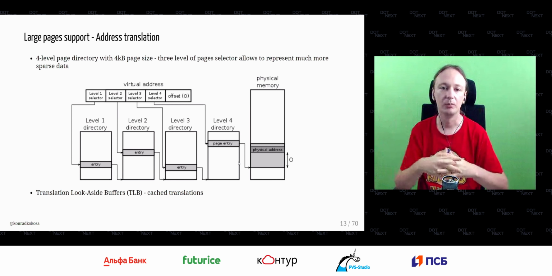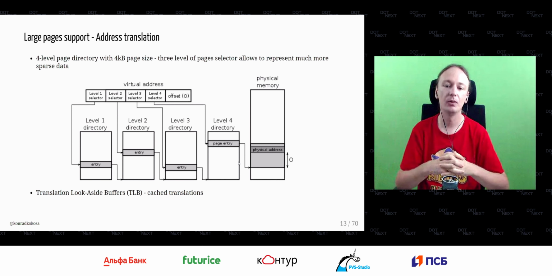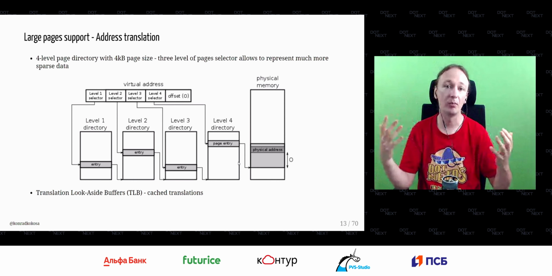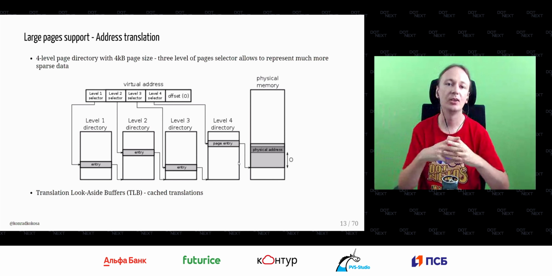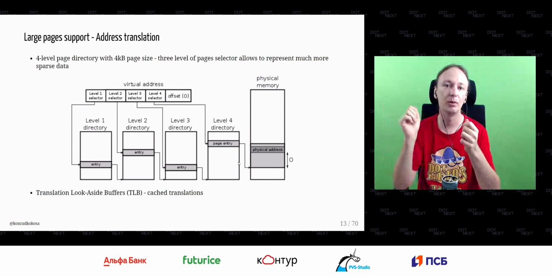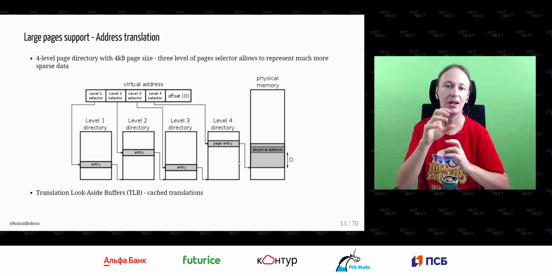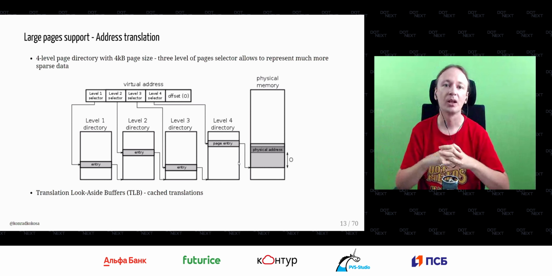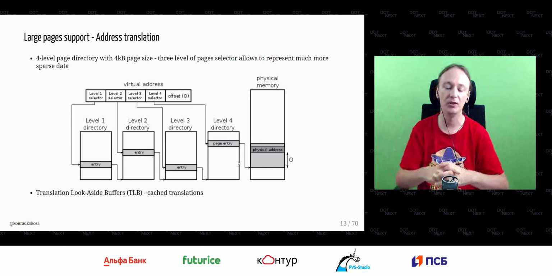But in the situation that you have used terabytes or gigabytes of memory and you are accessing various places of this memory, these caches don't help a lot, because in fact we are accessing different pages. So every time we really need to translate this address to a physical one, which can be overhead if we are accessing a lot of big memory regions.